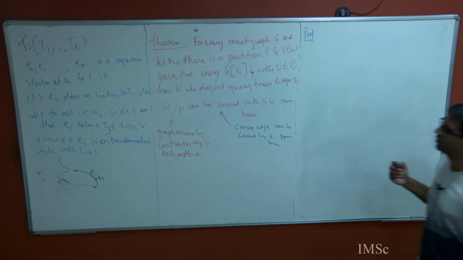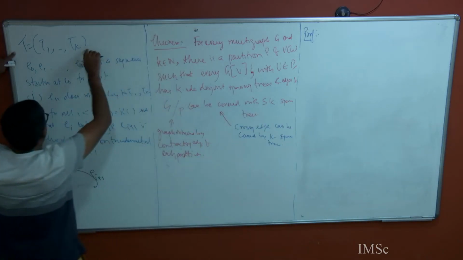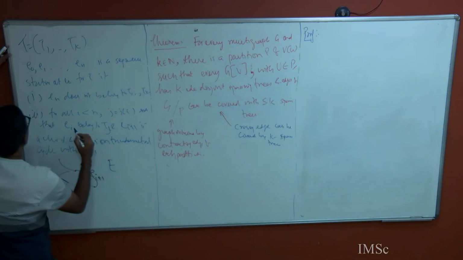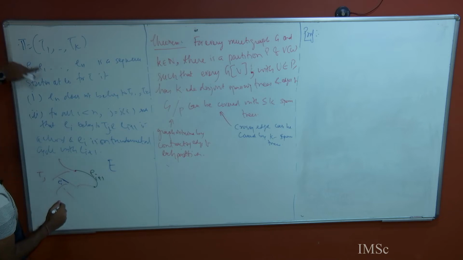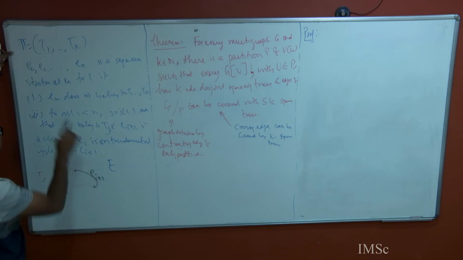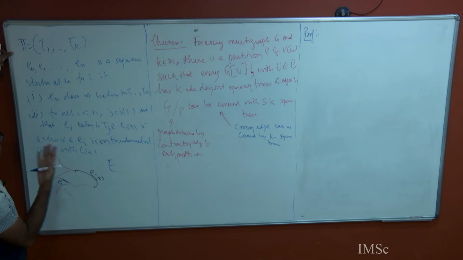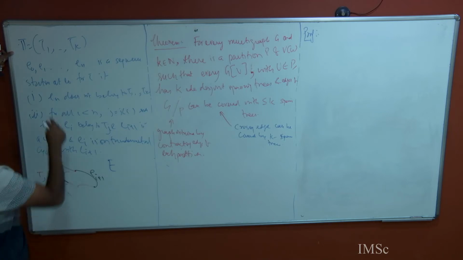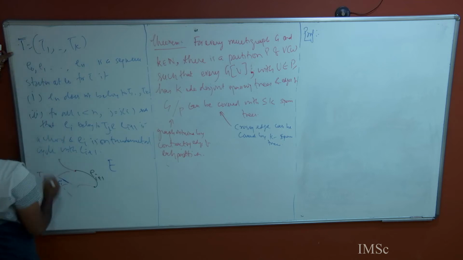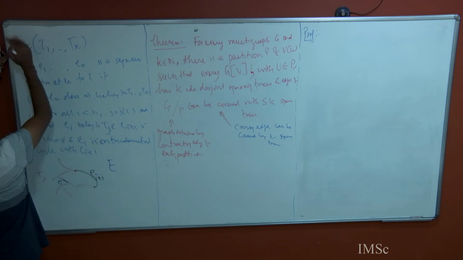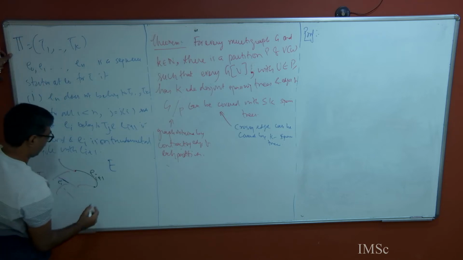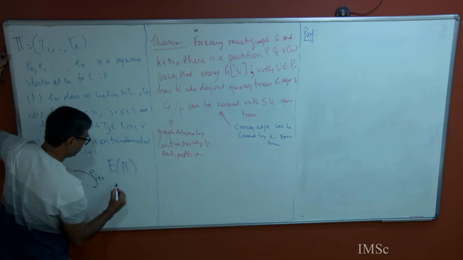I'll use a symbol for the tuple, otherwise I will keep using T1 to Tk. Pi looks better. So what is E of pi?